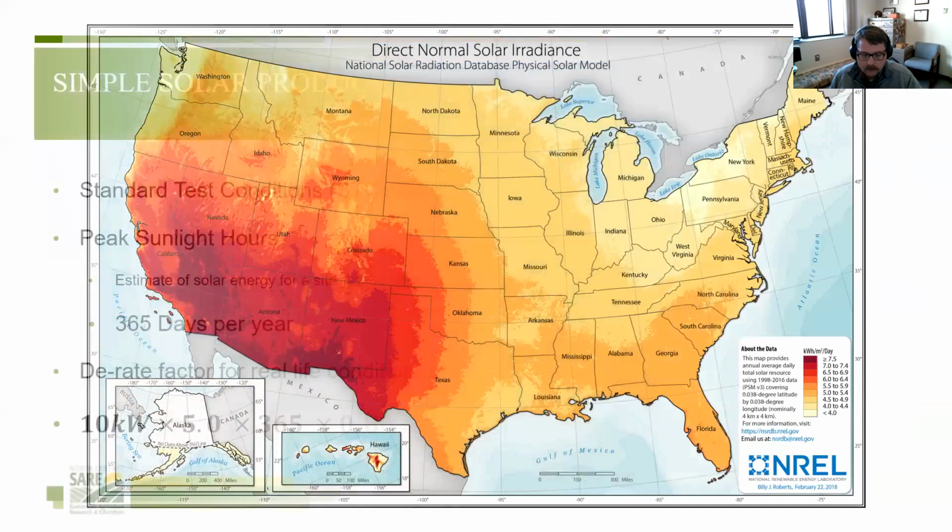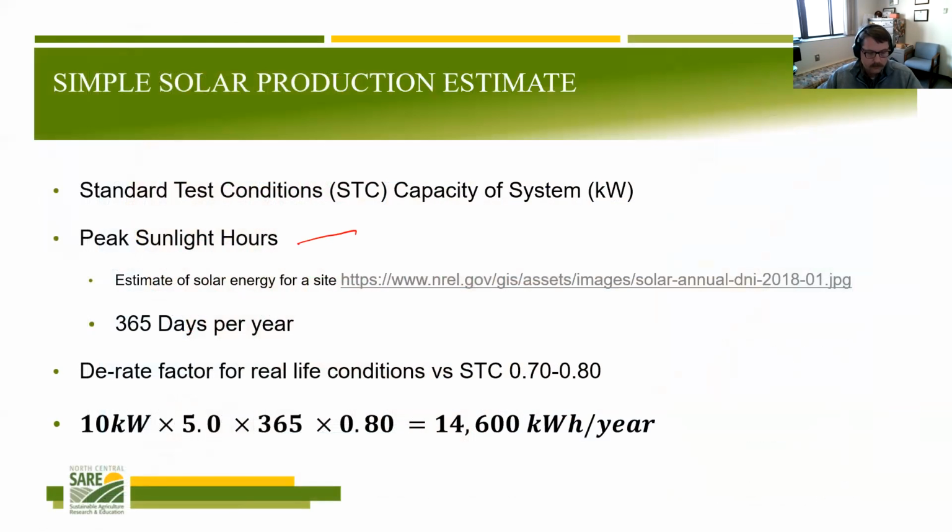It's a good way to do some back-of-the-envelope calculations: pull your electric bills, see what you use over the course of the year, and how big a system you would need to meet your goals. Then you can decide whether you really want to investigate further and put a project in.